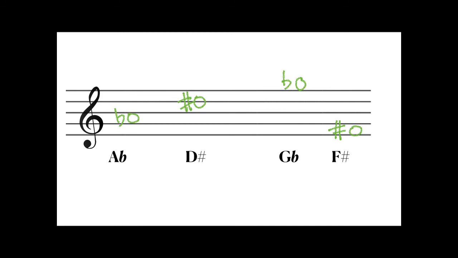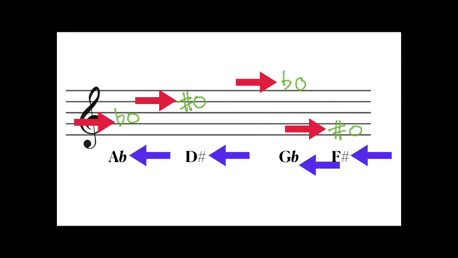When we write our pitches on the staff, we need to make sure that the accidental, if there is one, is placed before the pitch. When we're labeling them with a letter and an accidental, it's very important to notice that the accidental is always listed after the letter.